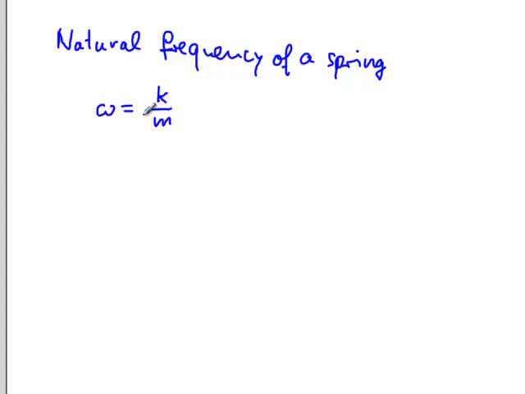Both of these are given. And the angular velocity is 2 pi times the frequency, where I want to determine the frequency. So it's going to be f equals the square root of k over m, divided by 2 pi.